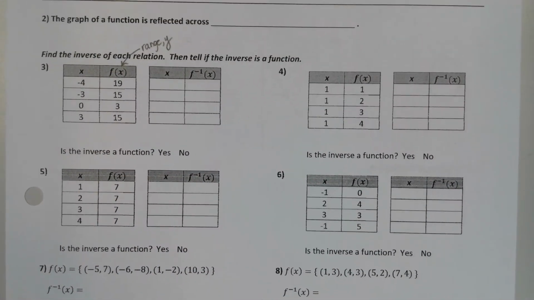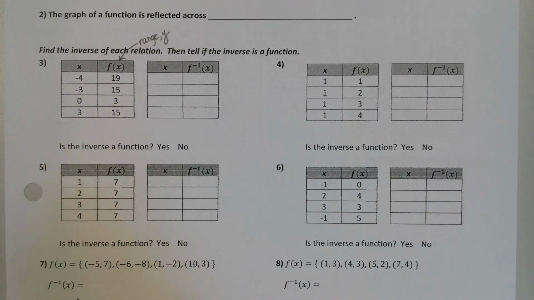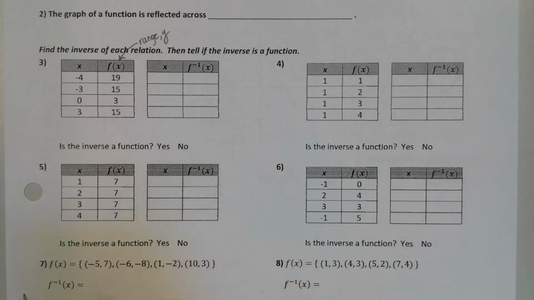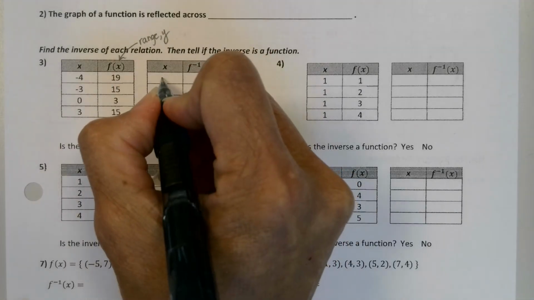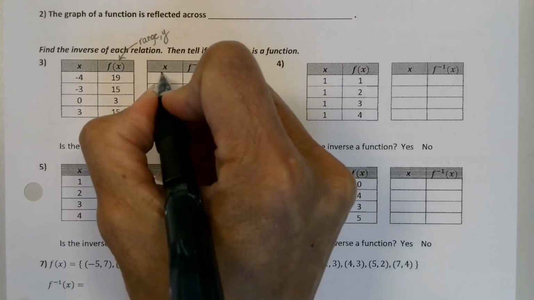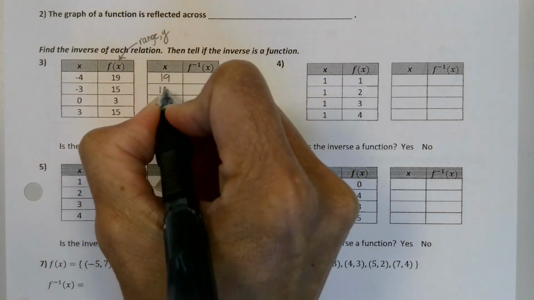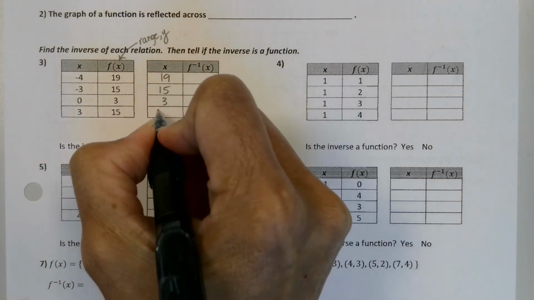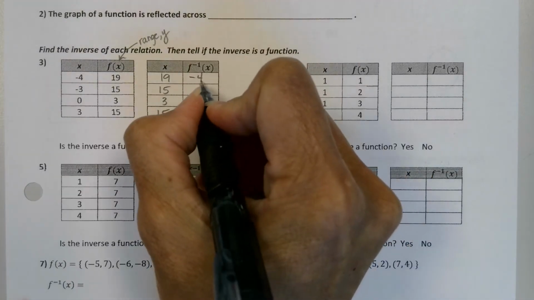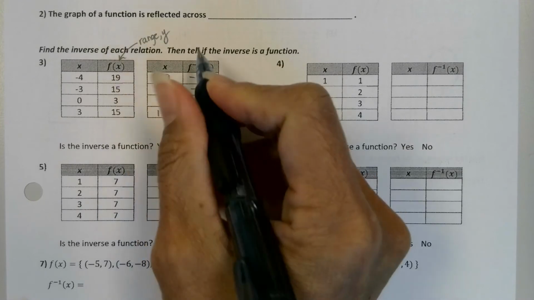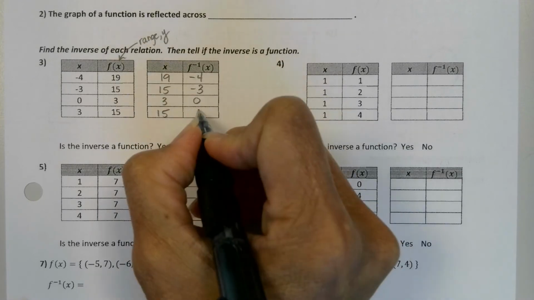Now, because we are switching our x's and y's to find the points of our inverse, all our y values become our x's, and all our x values become our y values of the inverse relation.